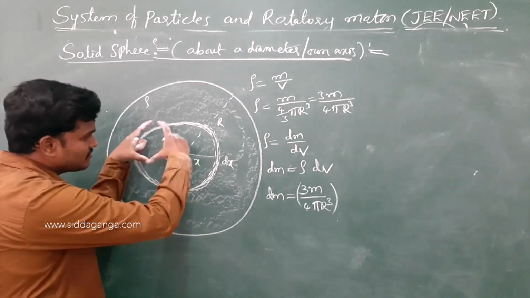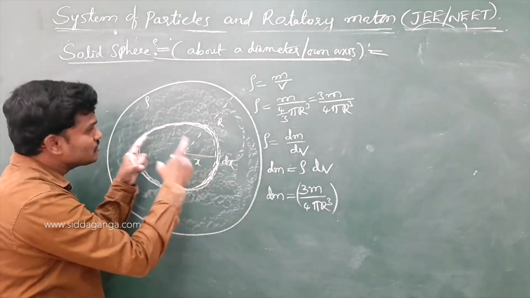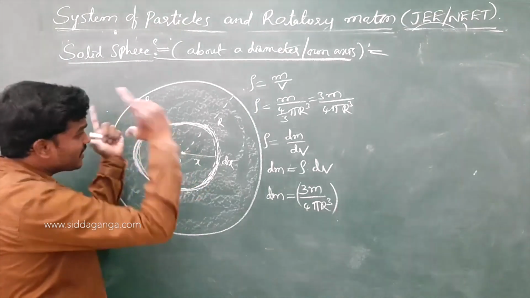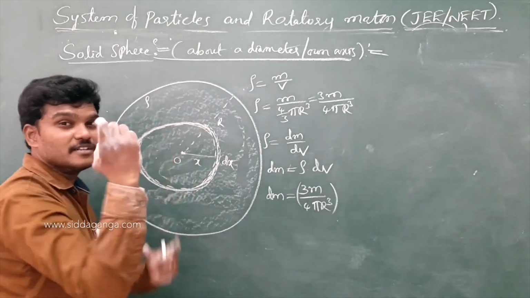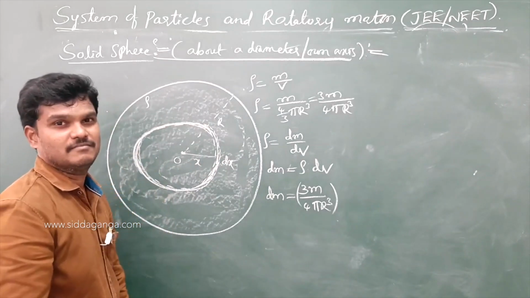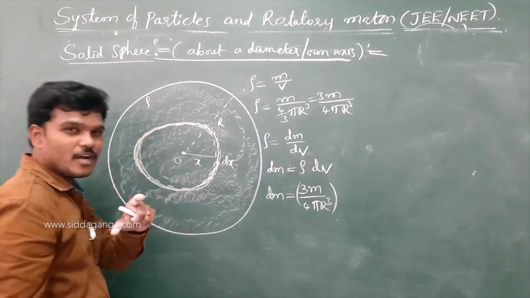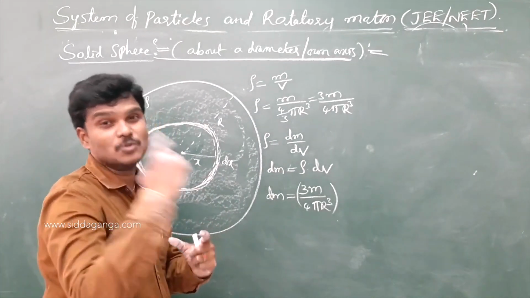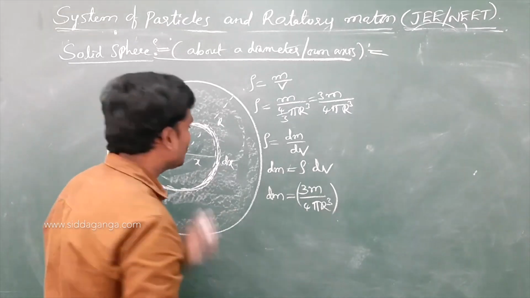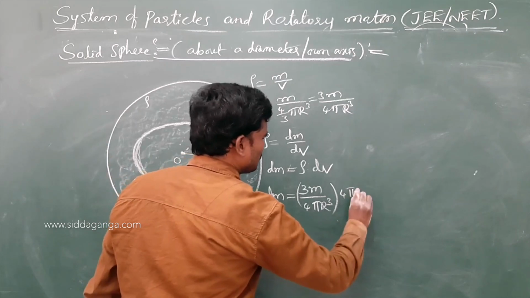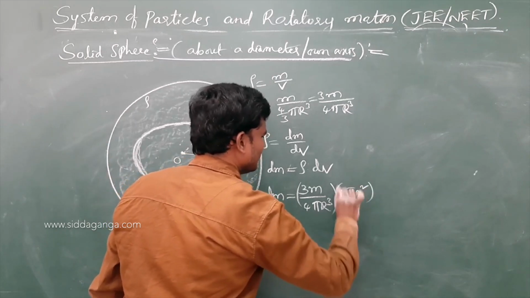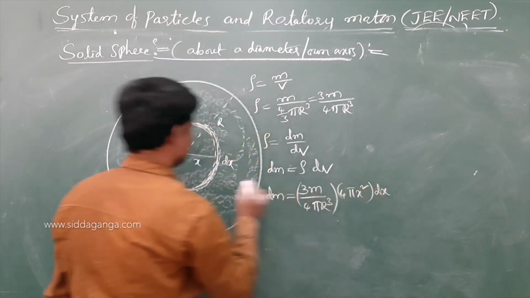Okay, this is not a ring, it's not a disc. Entire part you cut it, only this part; that small part, if you take it out, is like a hollow sphere. That hollow sphere will have some area, so area of that one is 4 pi x square, thickness dx.